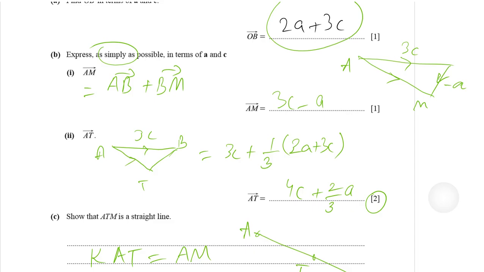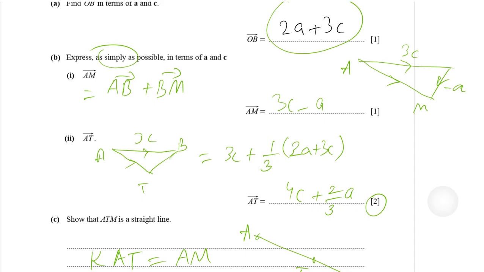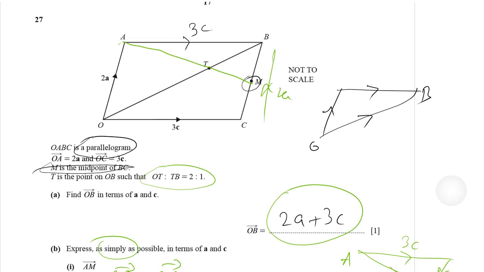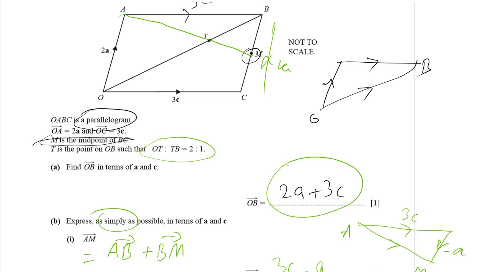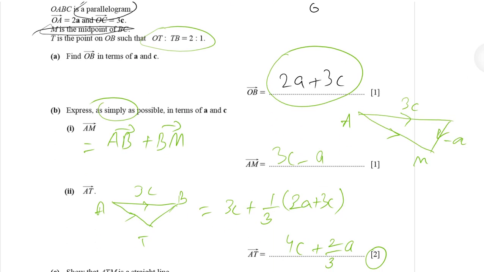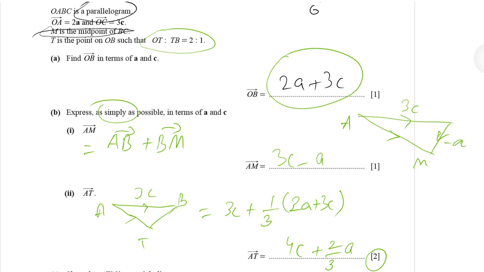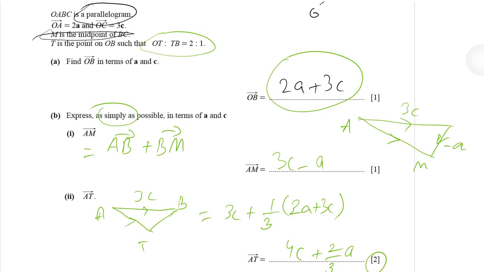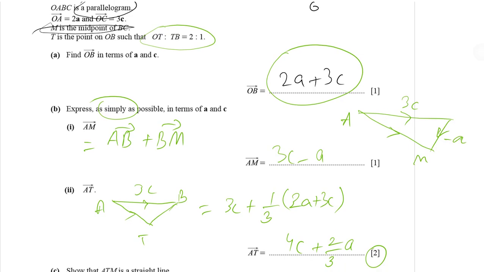And AT should be AB plus BT. AB plus BT. Oh, I found my mistake. Actually, we found OB, and OB was in this direction, and now I'm using BT, so it has to be a subtraction over here.